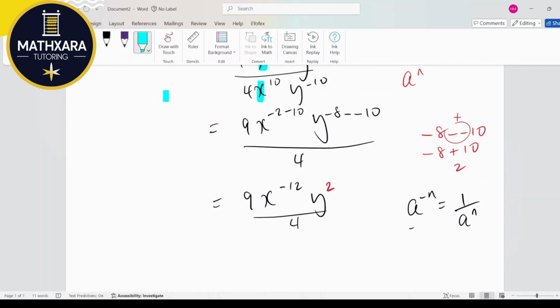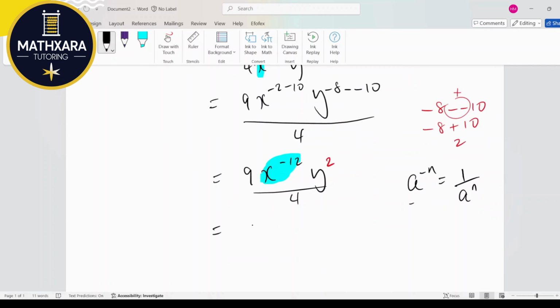Now, the only term that has a negative exponent is the x term. Every other term stays where it's actually at. So we'll have 9y to the positive 2 over 4, and this goes down to our denominator. And the exponent becomes positive. This is our final answer for this question.